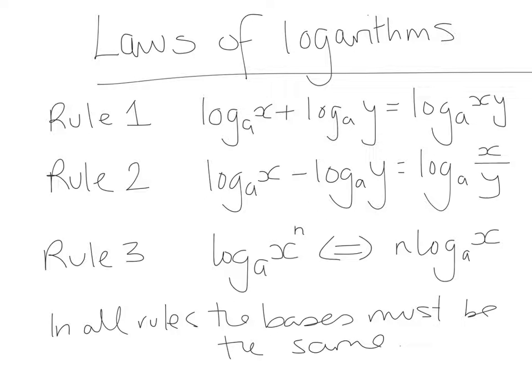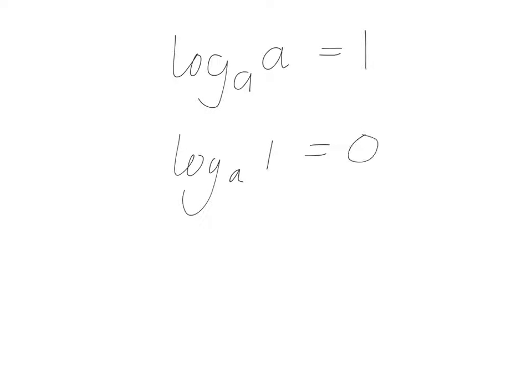Right, before we look at some examples of that, I will give you the 2 values that are useful to remember. So they are log to the base a of a is equal to 1 and log to the base a of 1 is equal to 0. And we saw that from the graph.